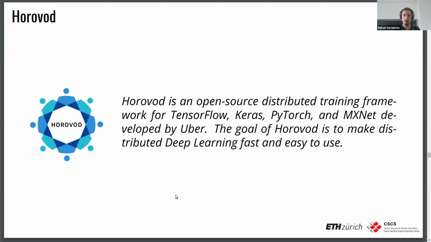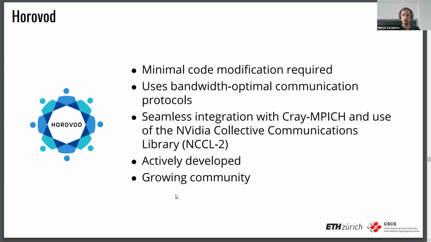Okay. So Horovod, one of the best things is that it requires minimal code modification. In general, you always have to modify your code, if you have a regular single-node program, to make it distributed. And we will see that there are only 3 steps that we have to do to make it distributed with Horovod.